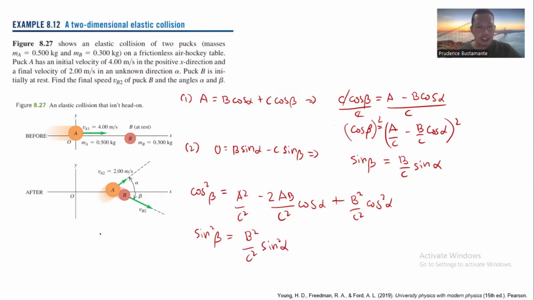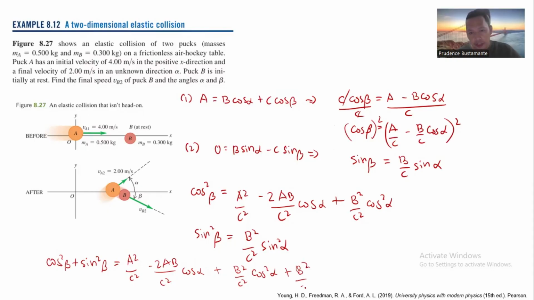Okay, so if we add these, cosine squared beta plus sine squared beta is just equal to A squared over C squared minus 2AB over C squared cosine alpha plus B squared over C squared cosine squared alpha plus B squared over C squared sine squared alpha.